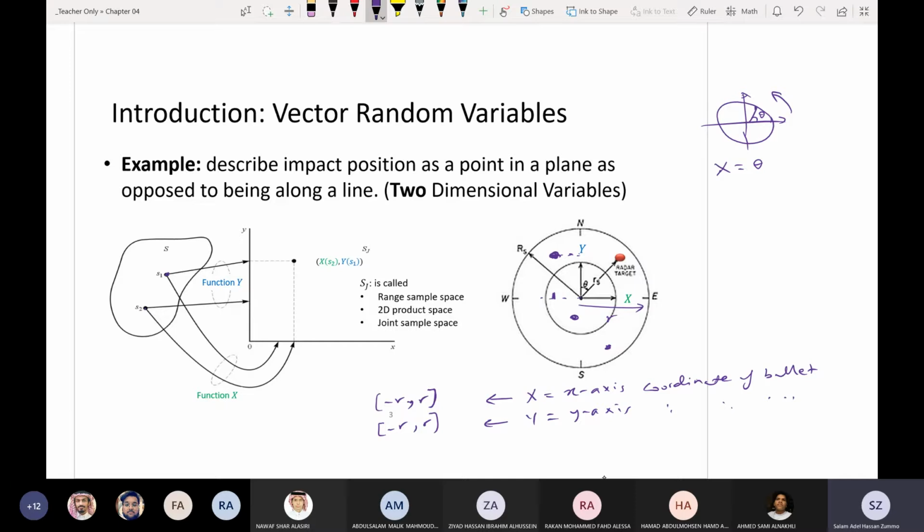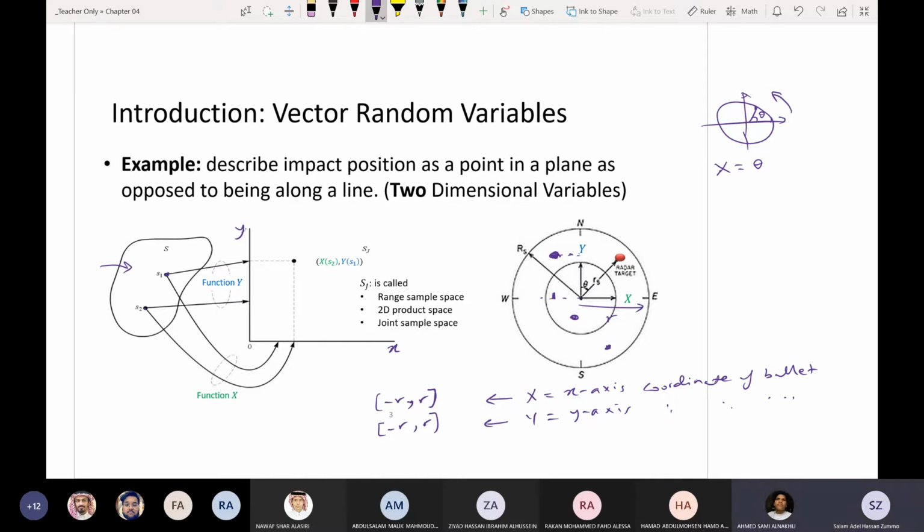And you map S1 to X and S2 to Y. Eventually, this is what you are doing. Of course, here we are not concerned about the sample space or what S's mean, because at this time, S1 means X and S2 means Y. But in other examples, as you will see, the sample space could be different than the X and Y.